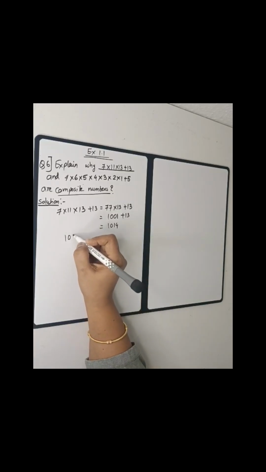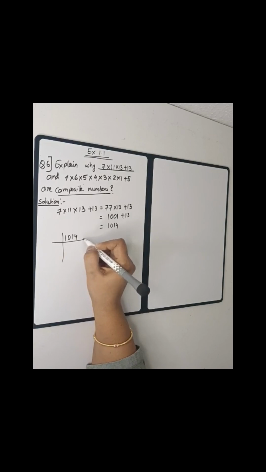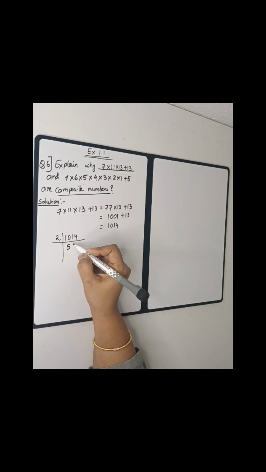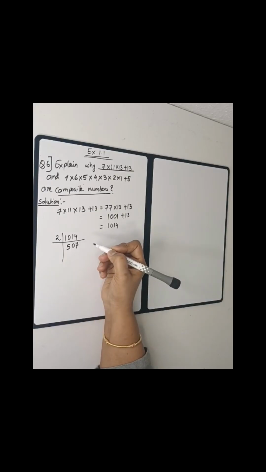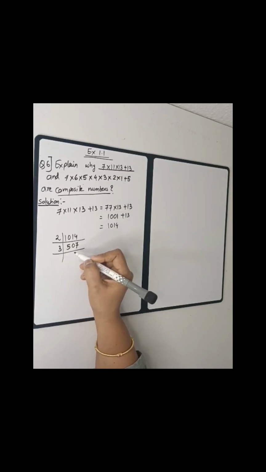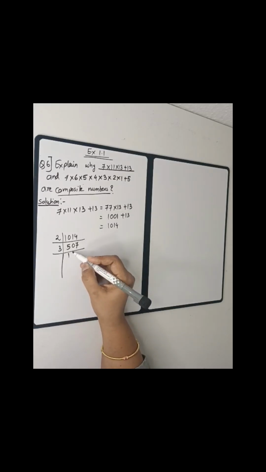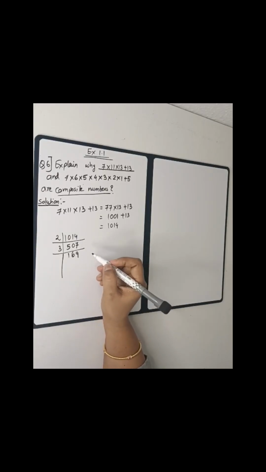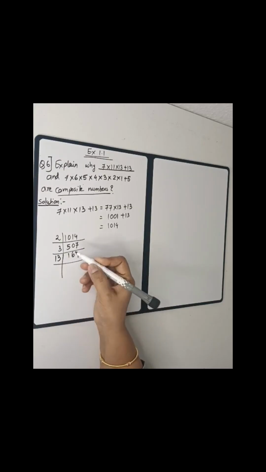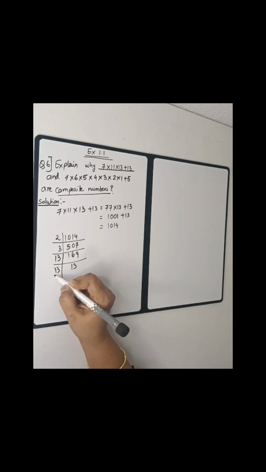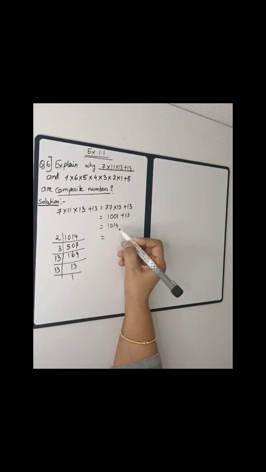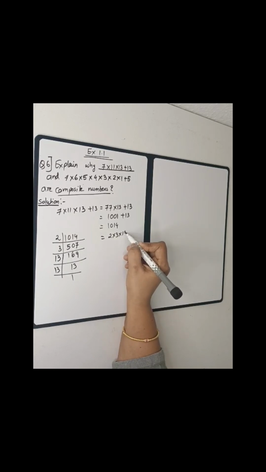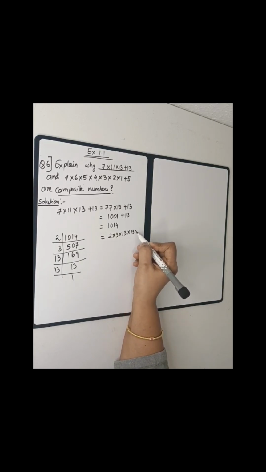Now, if you take the prime factorization of 1014, obviously it is an even number divisible by 2, so you get 507. Then this is divisible by 3 further, 3 ones are 3, 3 sixes are 18, and then you get 169, which is the square of 13. And 13 is a prime number, so 13, 13 and 1. So we can see 1014's prime factorization is 2 into 3 into 13 into 13 into 1.